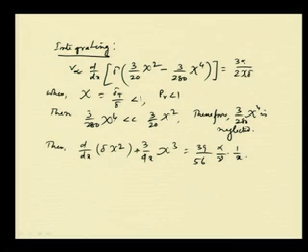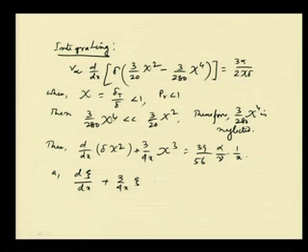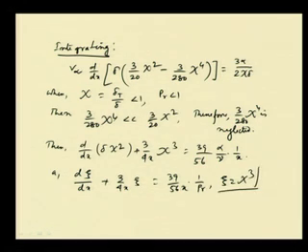That means, or we can say that d zeta by dx plus 3 by 4 x into zeta is equal to 39 by 56 x into 1 by Prandtl number, where zeta is defined as xi cube. So, this is the expression that we get.